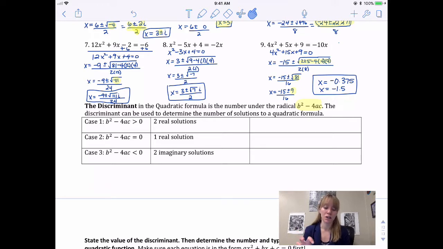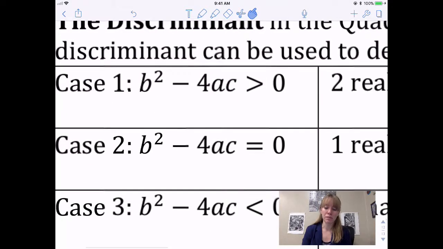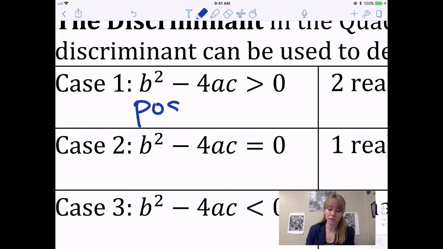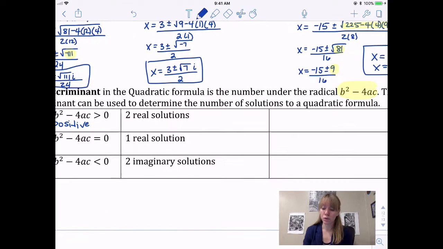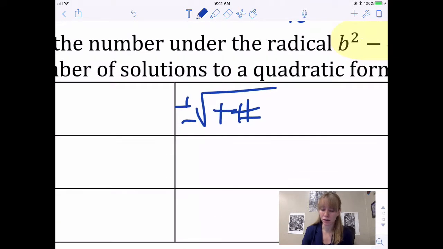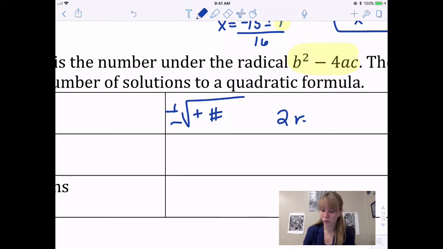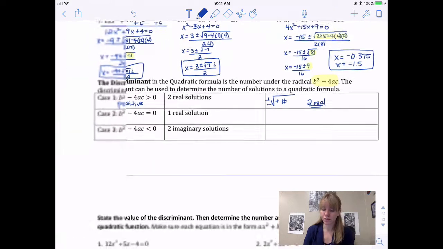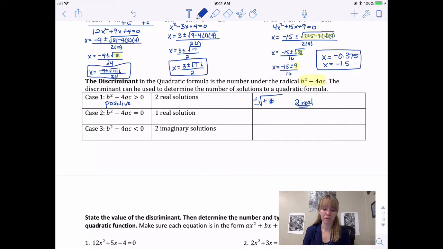So those are the 3 situations we're going to get with discriminants. If we just look at what's under the radical, if b squared minus 4ac is positive, we're going to have 2 real solutions because we have a positive number under the radical. So plus or minus a positive number is what that says. That's what we saw in number 1.